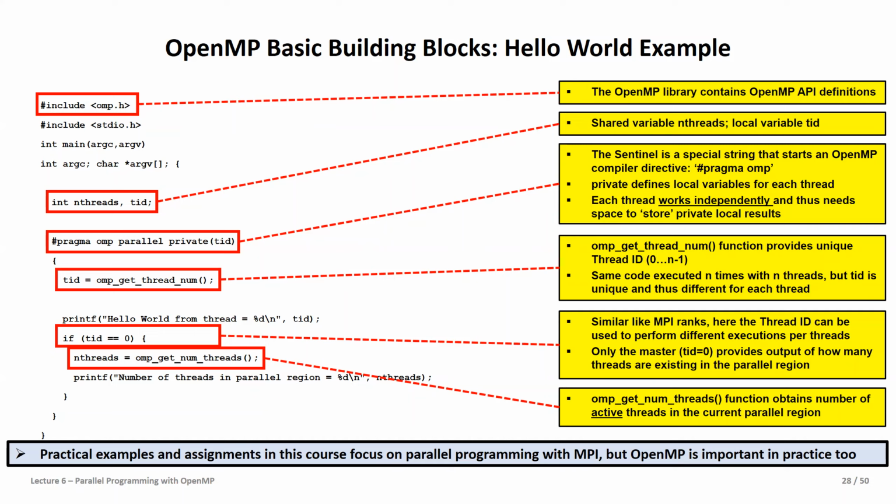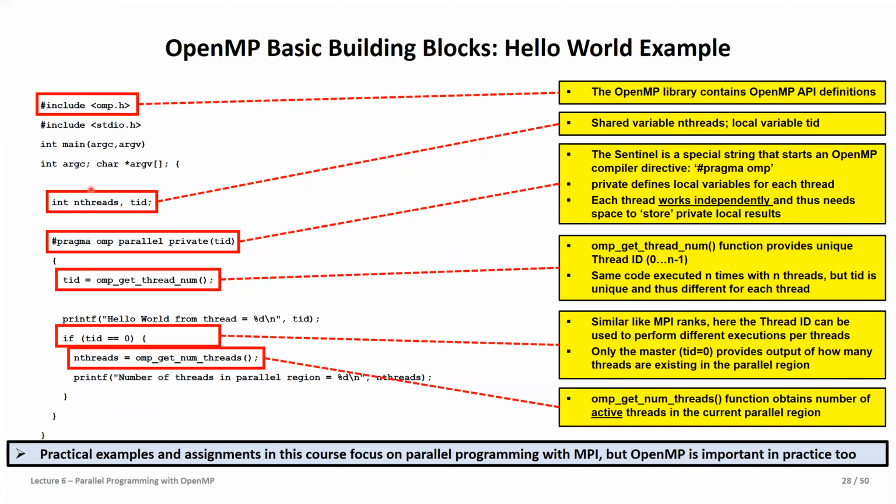It has nothing to do with the OpenMP library. But it's an interesting exam question that every now and then comes up. So mark the difference between OpenMP and OpenMPI, which is an implementation of MPI and has essentially nothing to do with OpenMP. However, the name is quite misleading every now and then.